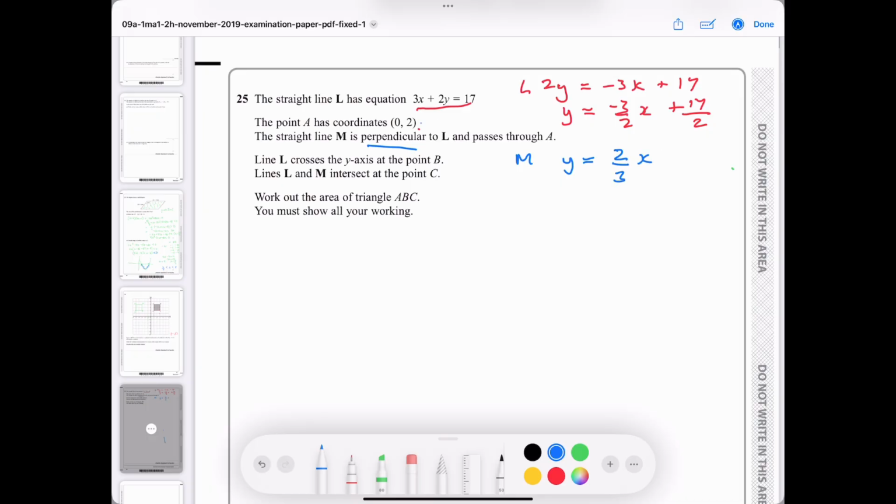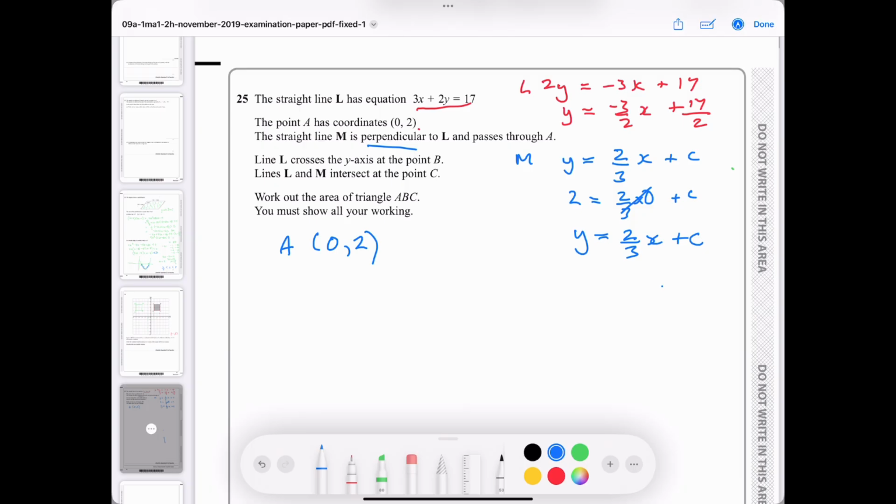And then it passes through A, I'm just going to put plus C. So then if we put 2 in, we get 2 equals 2/3 times 0, which is 0 plus C, so C equals 2. So we know M is y equals 2/3 x plus 2. Right, we also know A has the coordinates 0, 2, and that M is perpendicular to L.